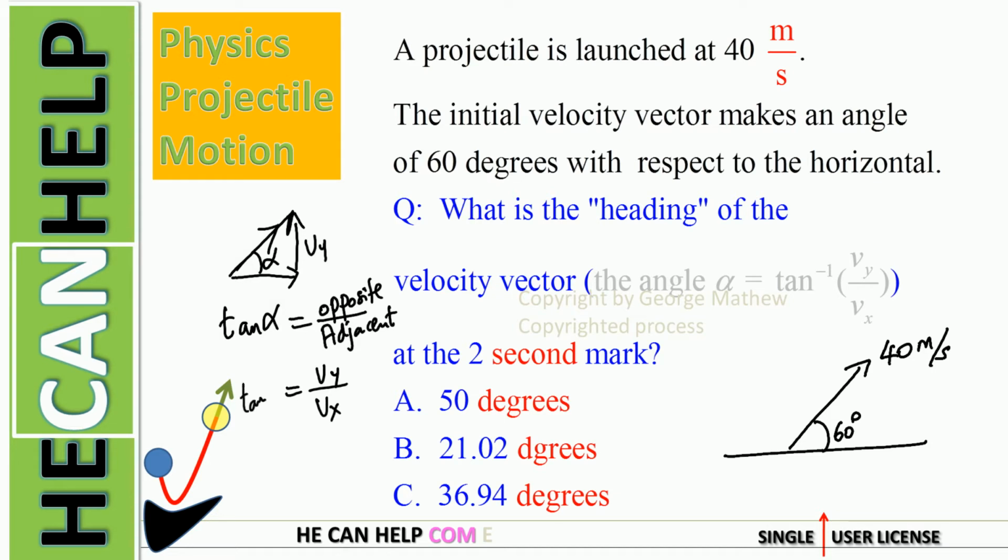So tan alpha equals Vy over Vx. If we know Vy and Vx, we know alpha, because alpha is tan inverse of Vy over Vx. So is it A, 50 degrees, B, 21.02 degrees, or C, 36.94 degrees?